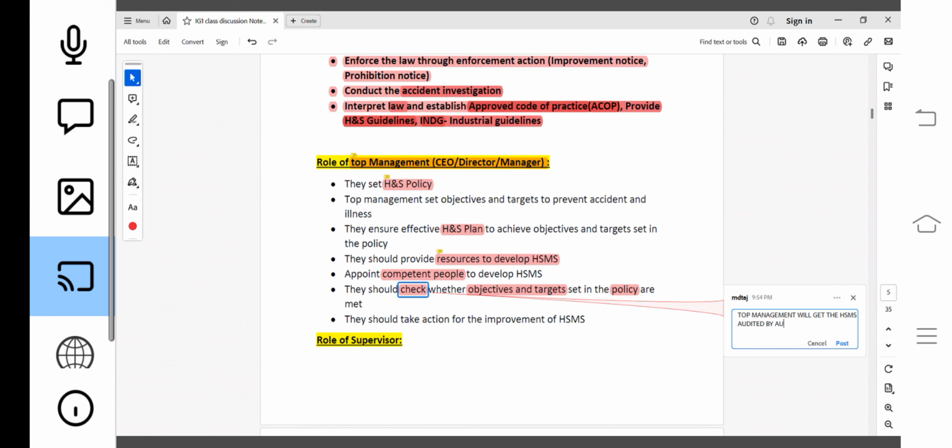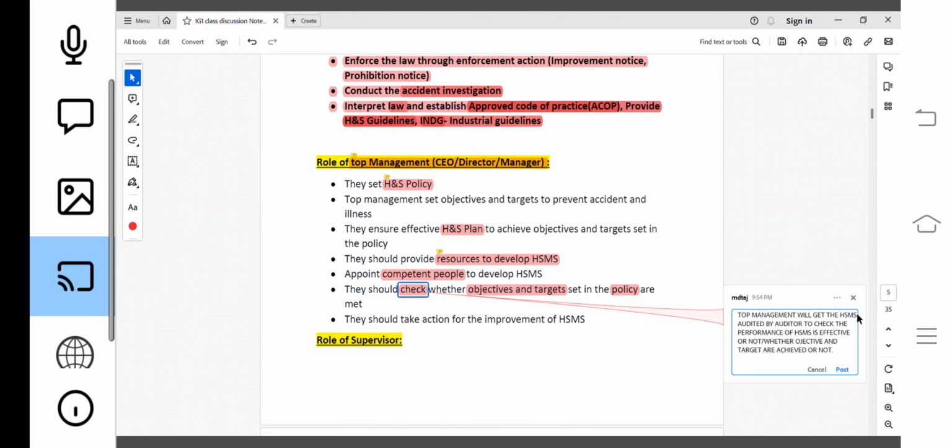So audited by an auditor, who could be internal or external, to check the performance of the health and safety management system, HSMS, whether it is effective or not. Or you can say whether the objective and target are achieved or not. So top management also has a responsibility to get the system audited.